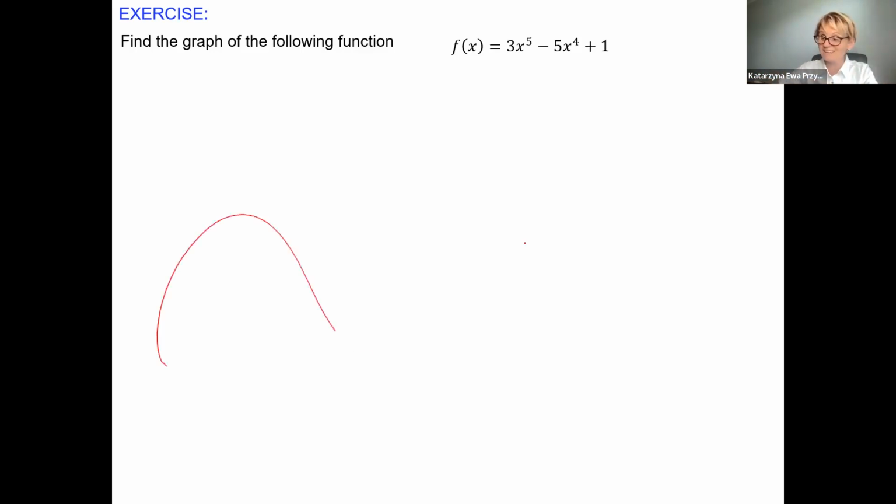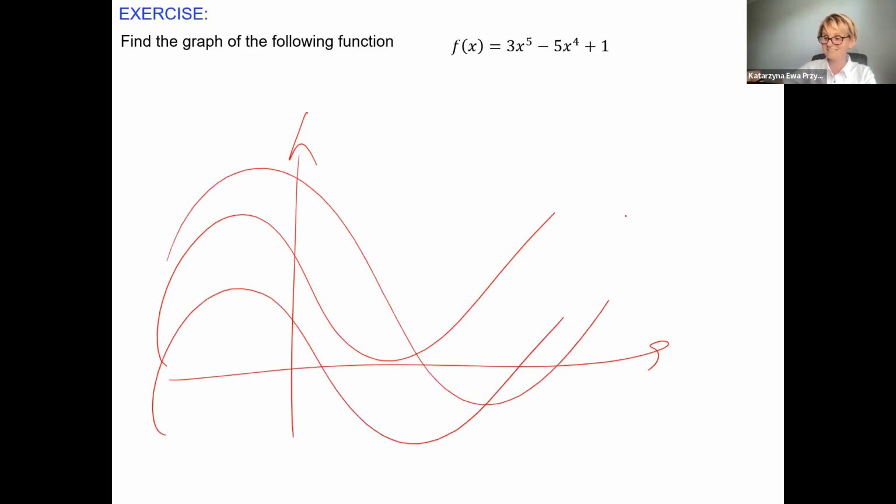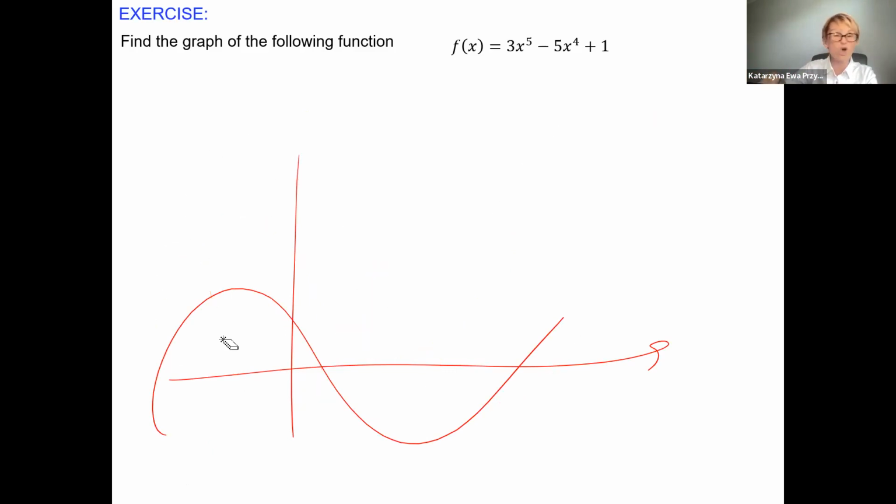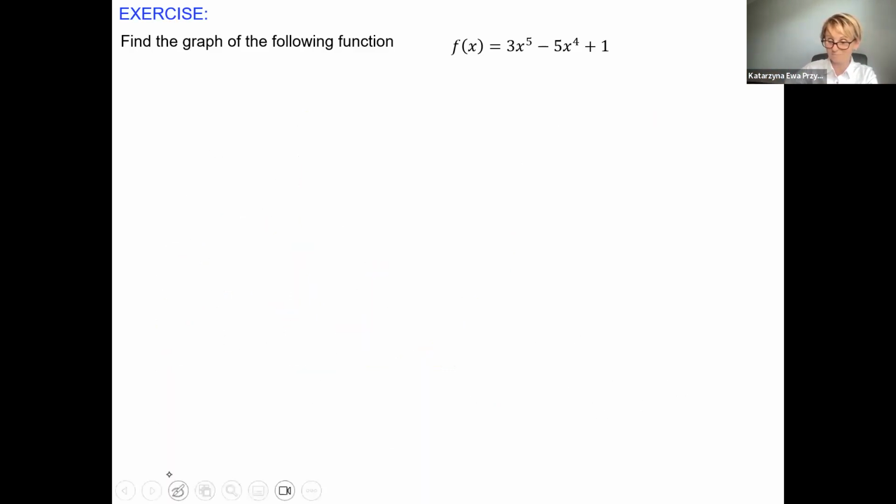We know polynomials are nice, smooth curves. All of the numbers are in the domain. That's what we know about this function: the domain is all real numbers.